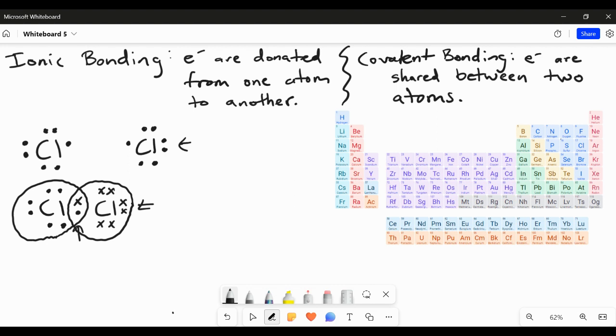Now, this is just one way that we can represent covalent bonds in Lewis dot structures. You may also see it a lot looking like this.